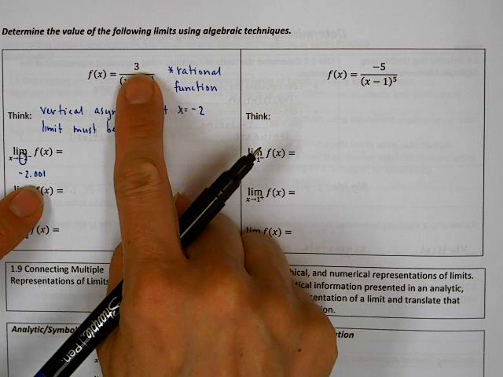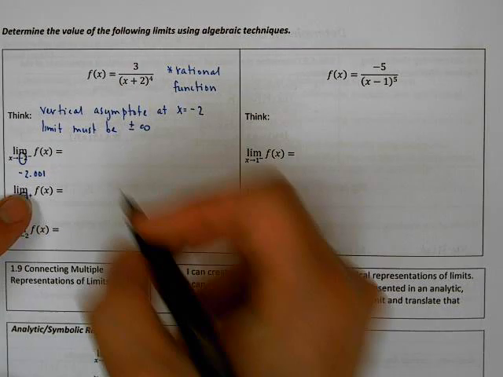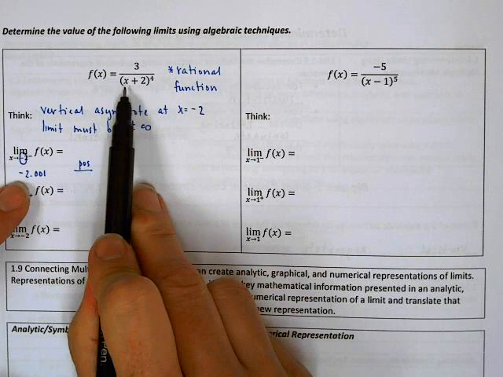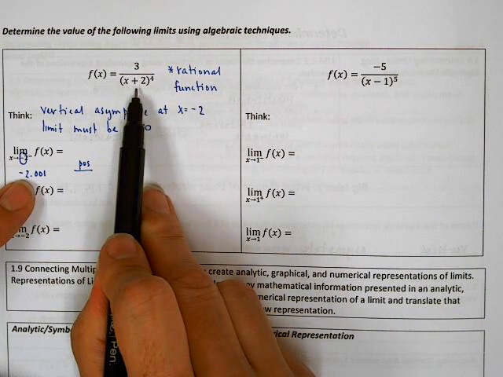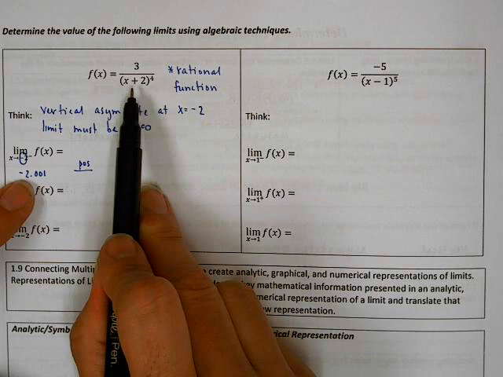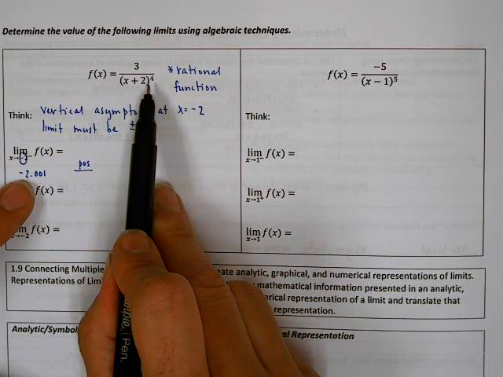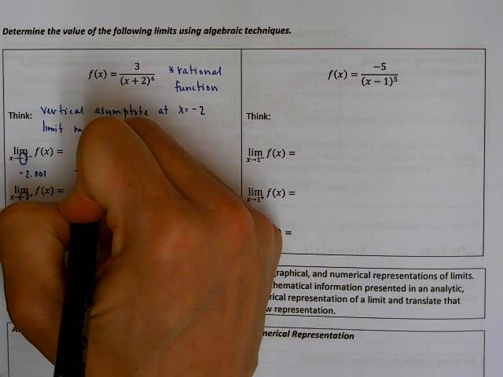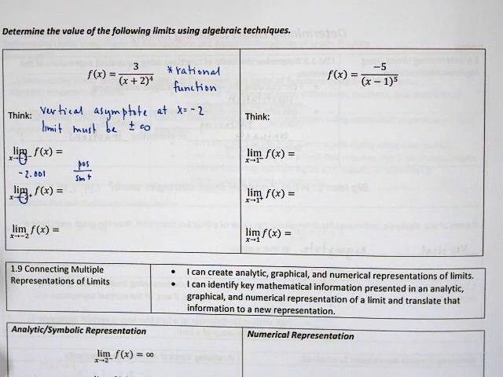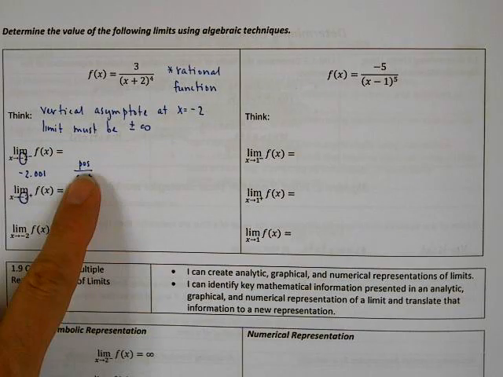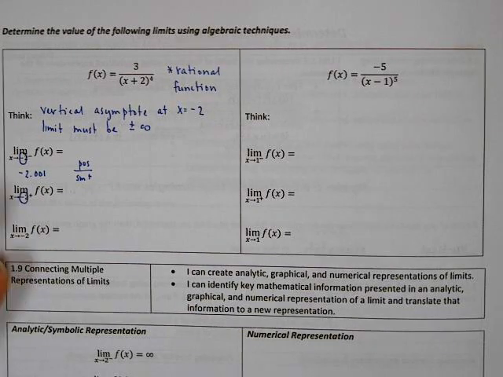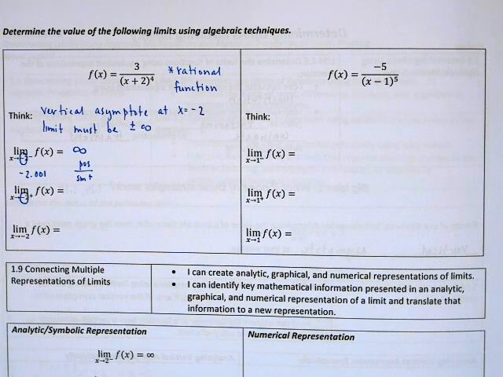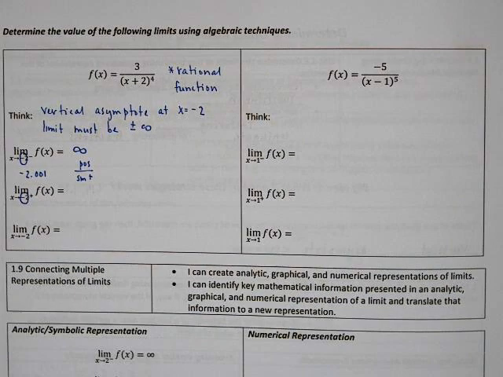I would have a positive number, that 3 is positive, over, let's see, -2.001 plus 2 is going to give me a very small negative number. But when I raise that to the 4th power, that's going to give me a very small positive number. So I know now my answer, if I have a positive over a positive, that has to be positive, so my limit must be positive infinity. Remember, my only two choices were positive or negative infinity.